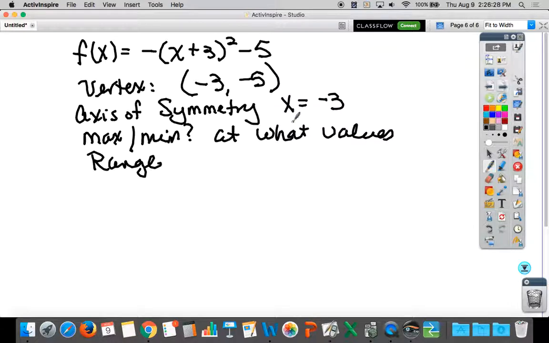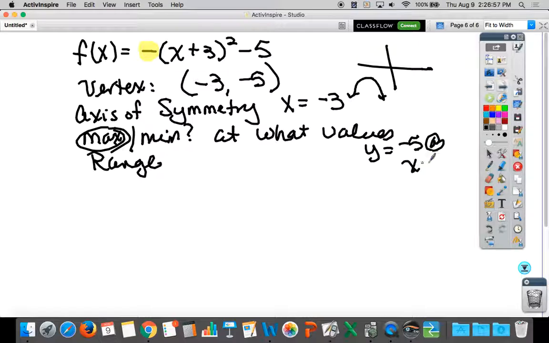Now, is this a max or min? It's a max. How do I know that? That negative sign, very good. That negative sign flips it, so I'm at -3, -5, something like this. So it's a max. At which values? We're going to say y equals, at x equals.